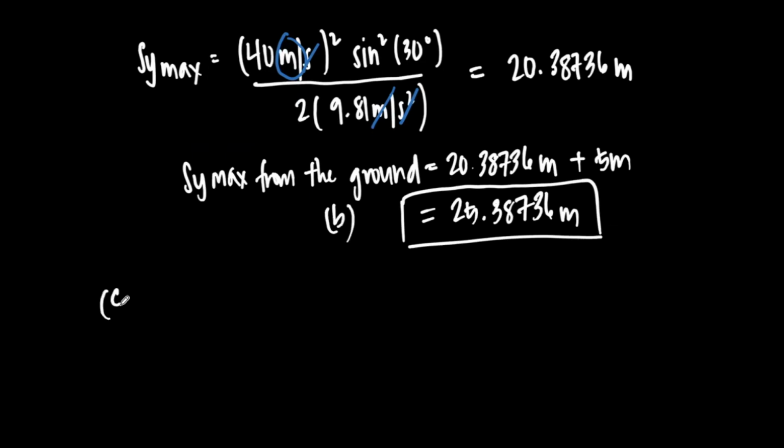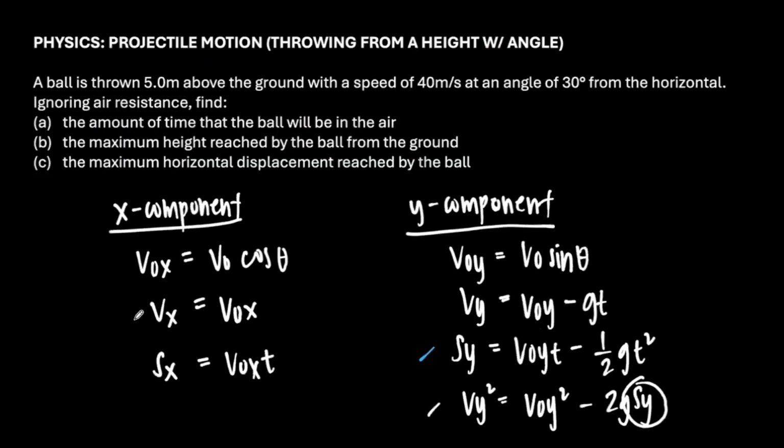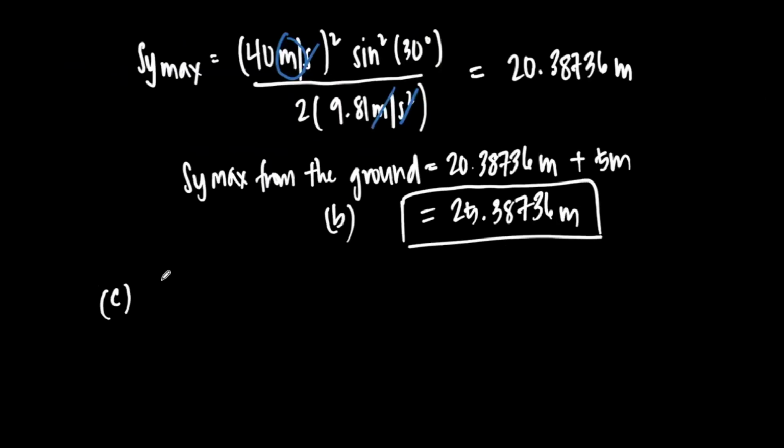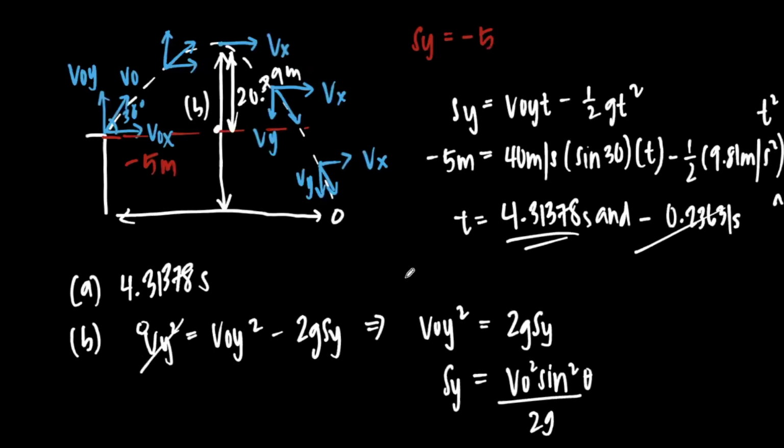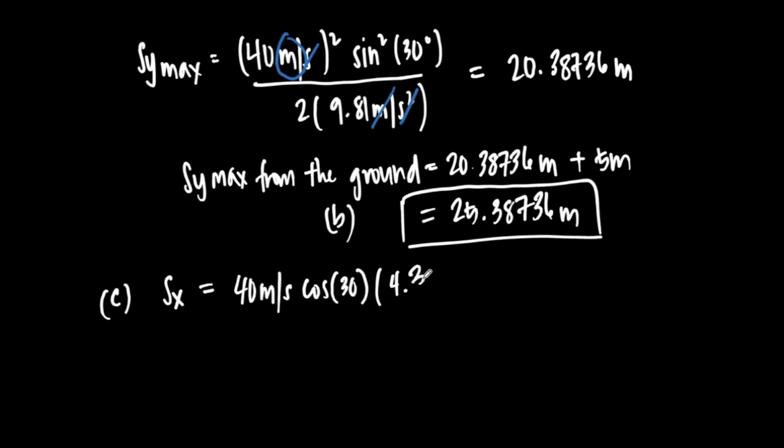For part C, we are simply going to use this formula since we have found the time that it takes for the ball to take down that path. So Sx is simply equal to the initial velocity, 40 meters per second, times cosine 30, times the time, which is 4.31378 seconds.